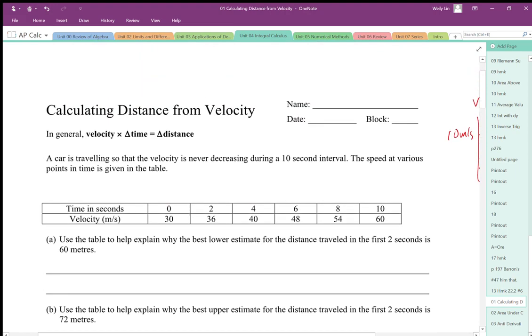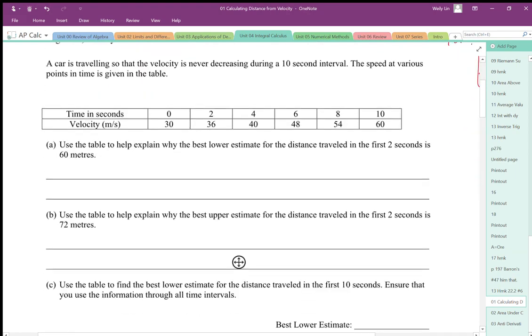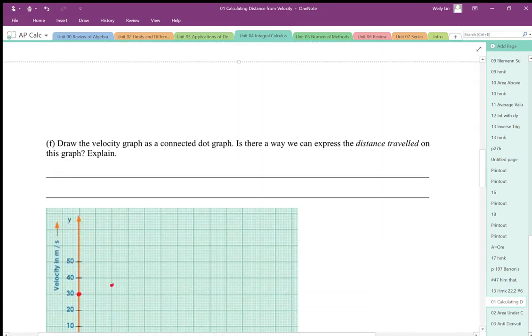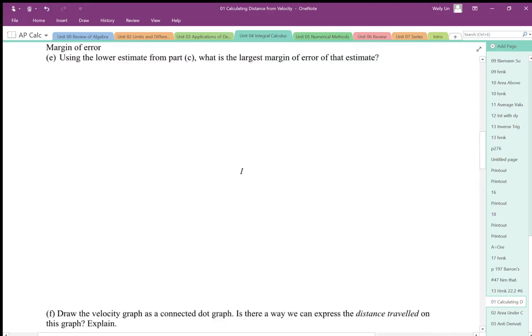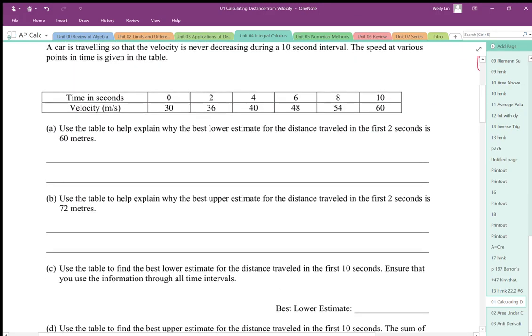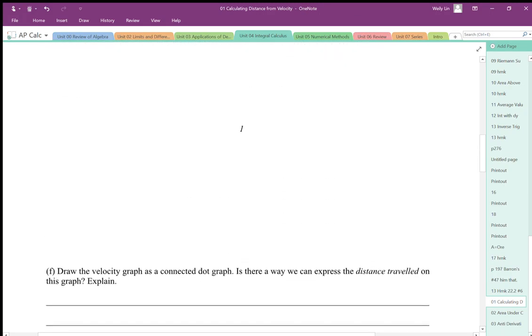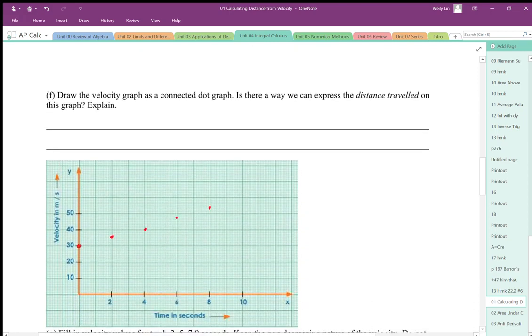Just need to get my values here: 40, 48, 54, somewhere around here. And the last velocity I think was 60. At 10 seconds we're going to be at 60 meters per second. So there it is, those are my velocities and times.